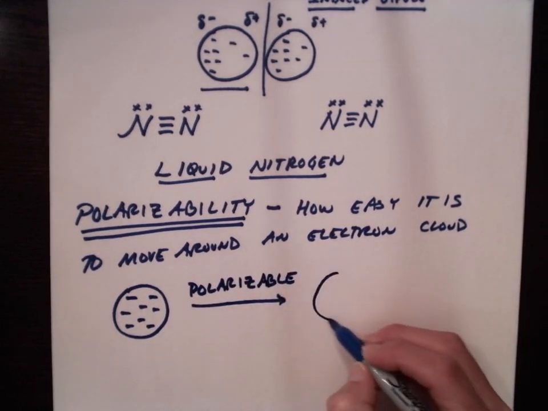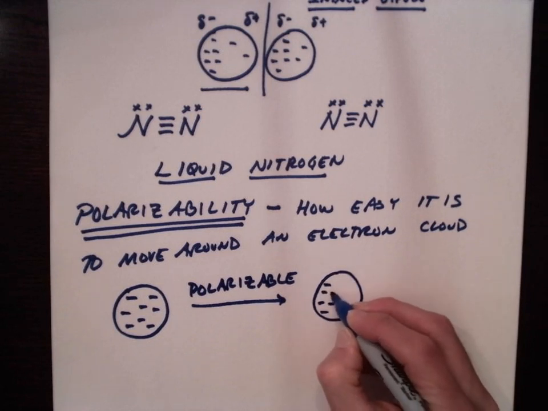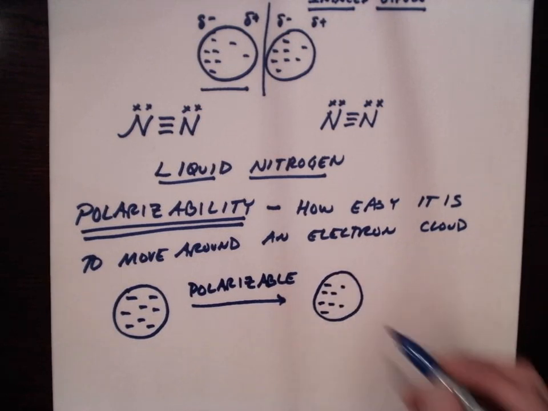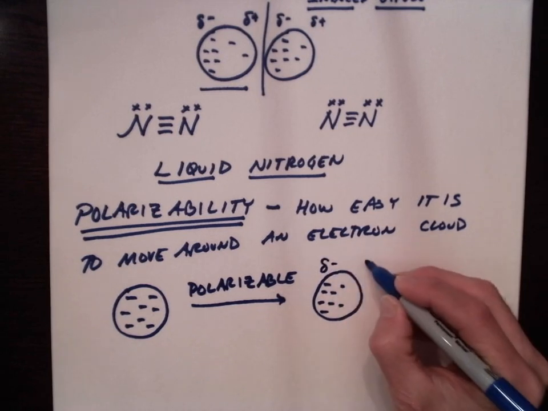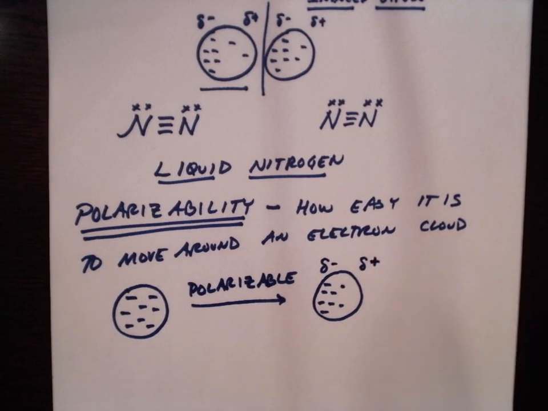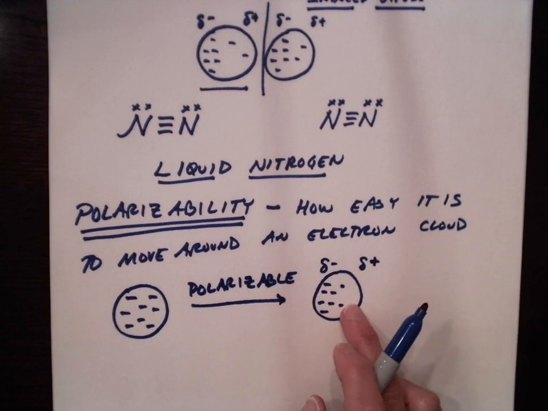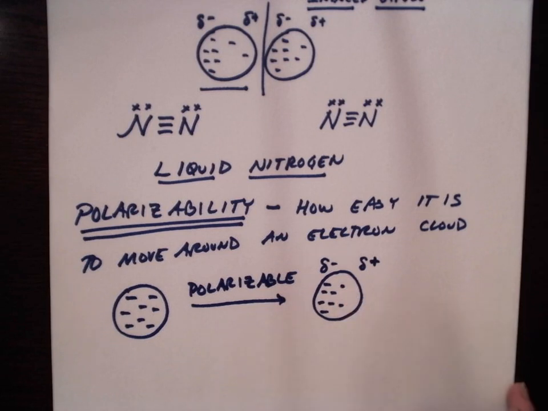Then it's quite easy to cause this shift that we're talking about, where part of the molecule can be somewhat negative and the other part can be somewhat positive. And if you have this effect, then it's easy to set up these positives and negatives, which then allow this to be attracted to other positive and negative charges.